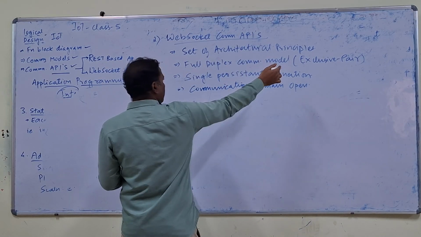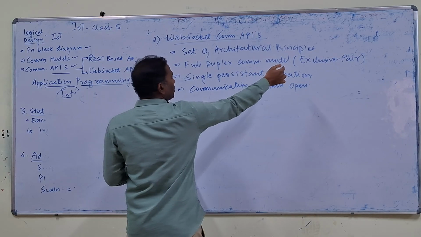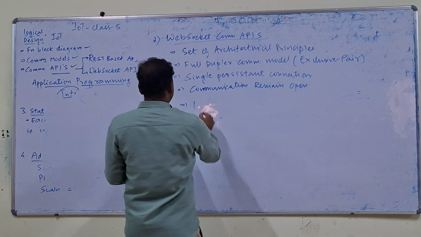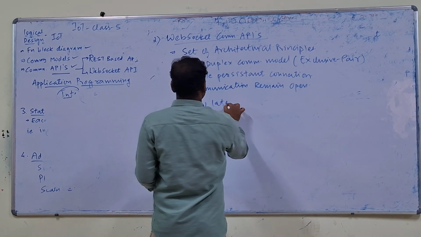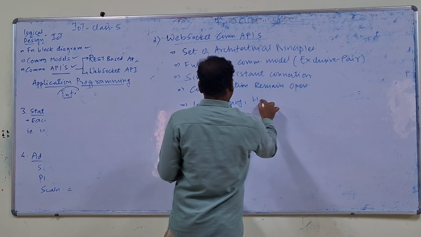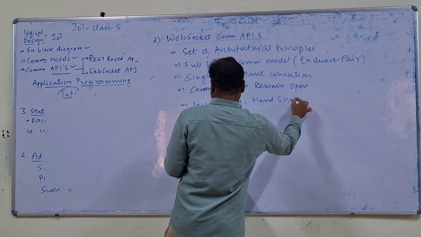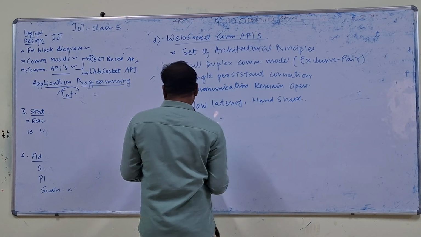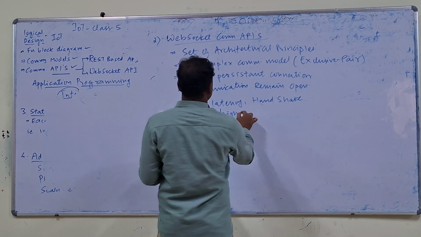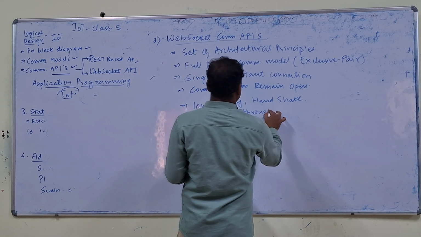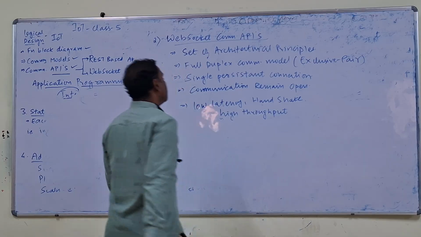All the characteristics that exclusive pair has will be inherited here: low latency, handshake, high throughput.